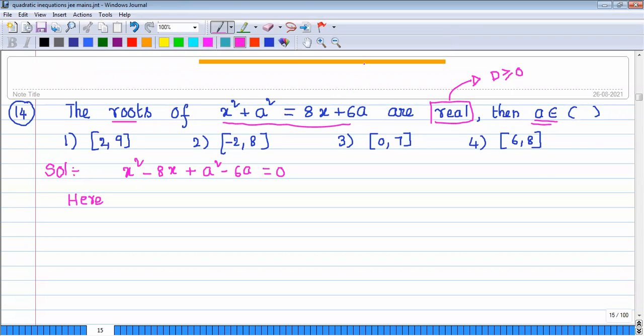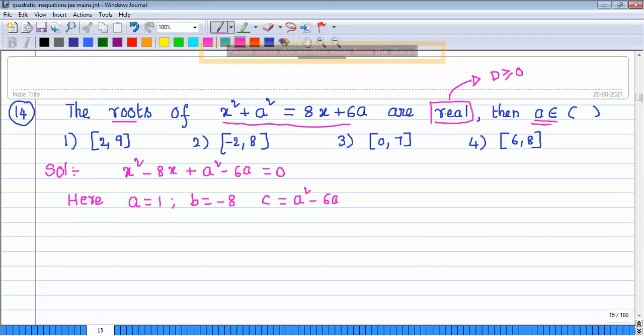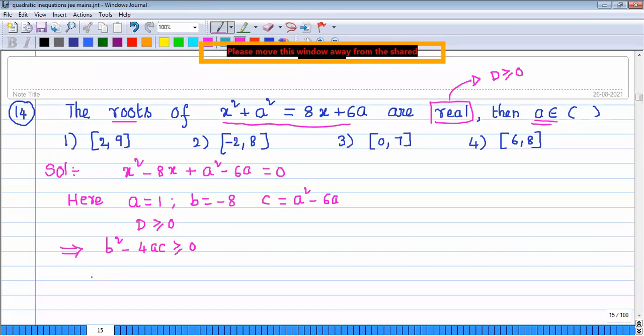Here a equals 1, the coefficient of x square, b equals minus 8, and c equals a square minus 6a. Since real, D greater than or equal to 0. So that means b square minus 4ac greater than or equal to 0.